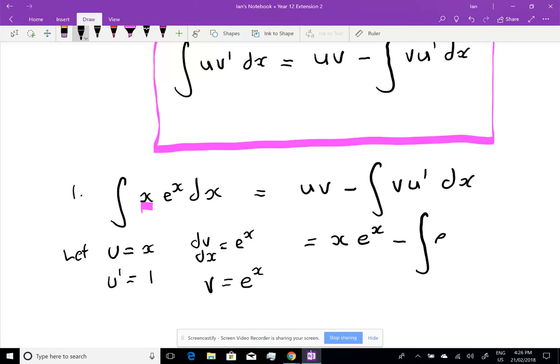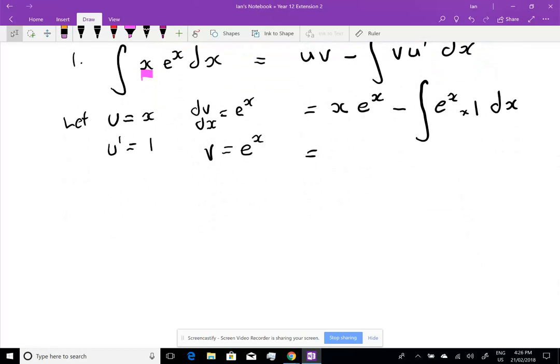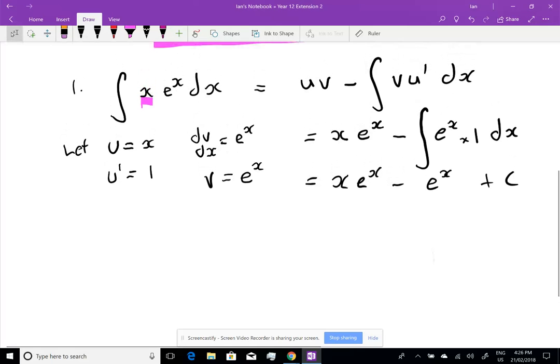My v is e to the x, and my u dash is 1. See how we eliminated it? We eliminated the x, and now all I have to do is integrate this. And I've integrated it by parts. x e to the x minus, well, the integral of e to the x is e to the x, and there will be some constant. And that's it. That's integration by parts.